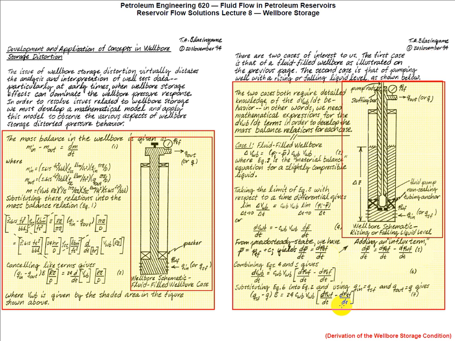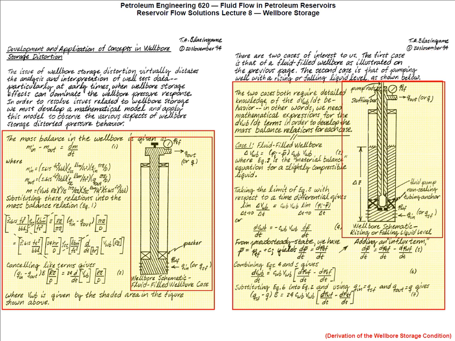And so when we finally finish, we have the equation that I was talking about earlier, which is this Q_SF minus Q times B, which is an equivalent mass rate, 24 for hours in a day, compressibility of the liquid, volume of the wellbore, and then the pressure drop from the formation coming into the wellbore, and then the pressure drop at the surface, the change in tubing pressure with respect to time.